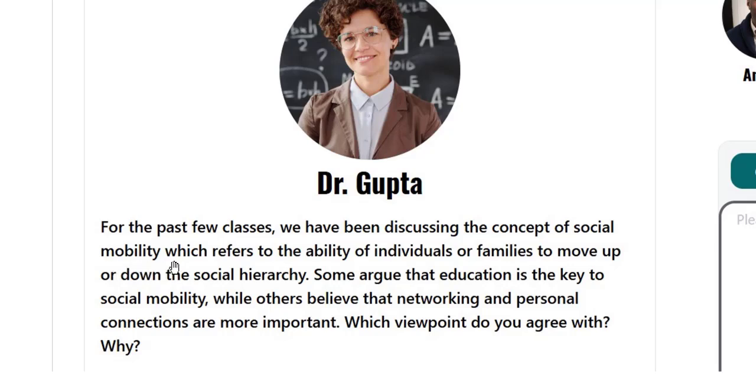We have to use context clues. This clause as a whole is a definition context clue. It gives more information or defines what social mobility is. So this is the ability of an individual or families to move up or down the social hierarchy.